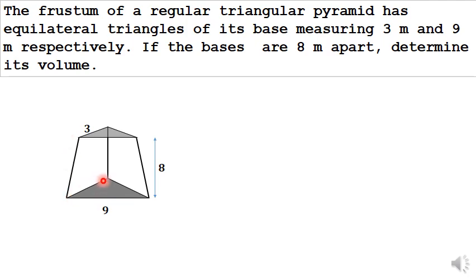The base is triangular, with a dimension of 9 on each side. Equilateral means equal length sides. The upper base is also an equilateral triangle. This means that the bases are similar shapes, so this is a frustum of a pyramid.